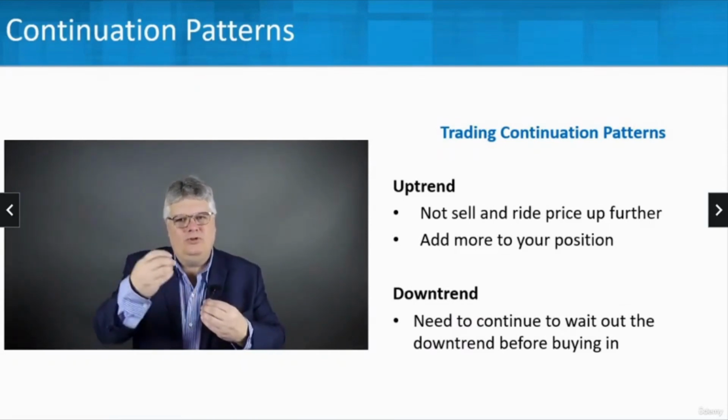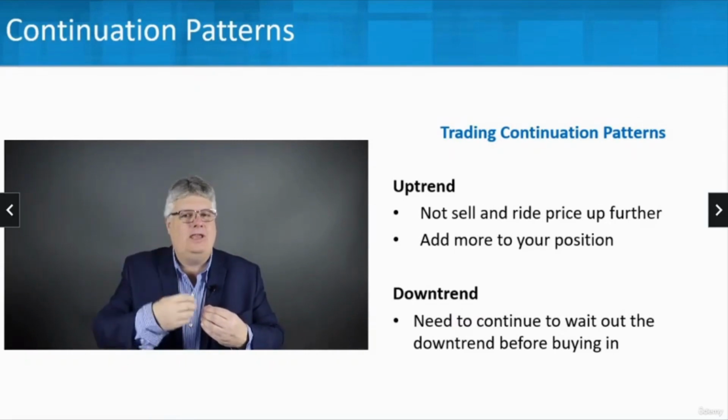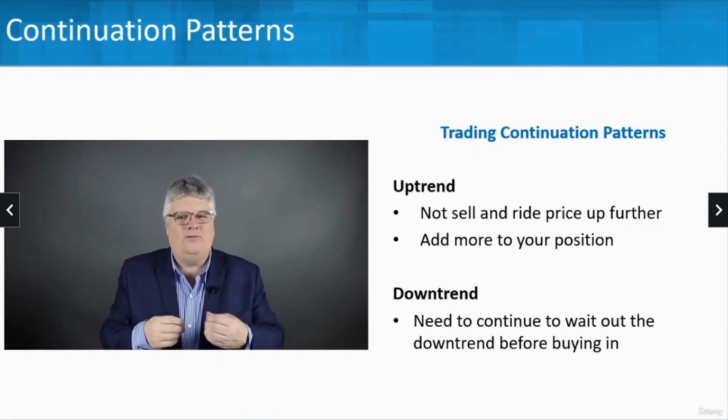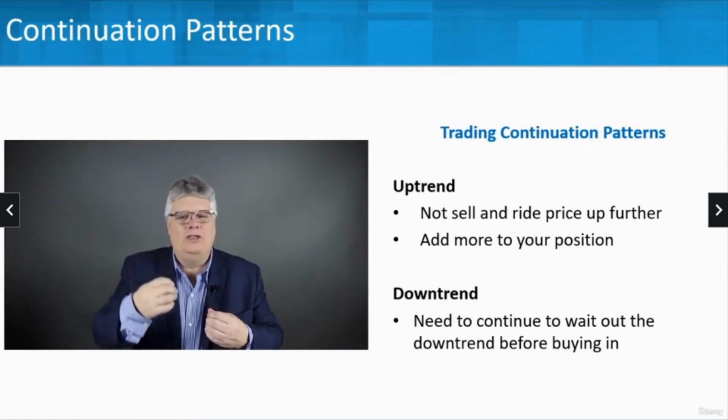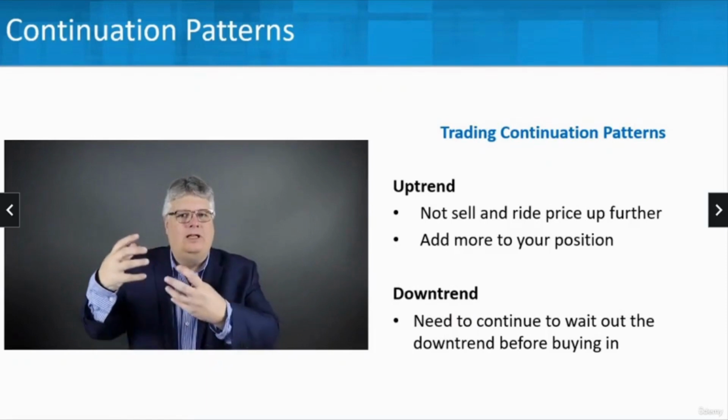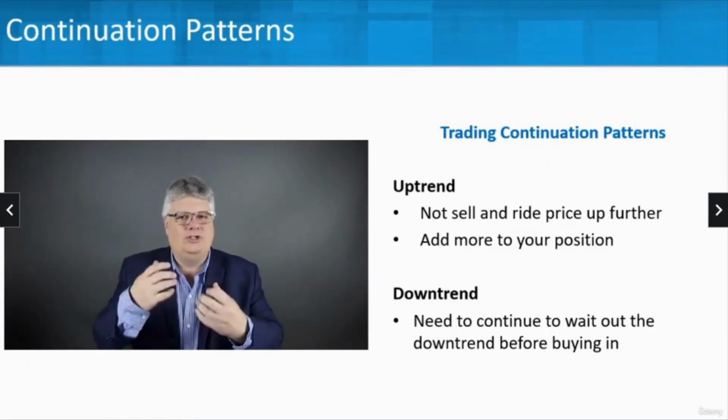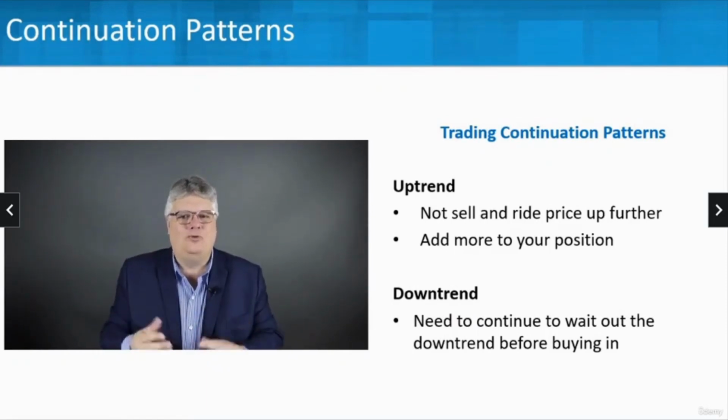In fact, what you could do in some cases is add even more to that trade, keep investing a little bit more in that security. Not only do you have your original investment, but now you see this chart pattern and a continuation pattern has formed. You can add a little bit more, so you've adjusted your position to ride an upward trend.